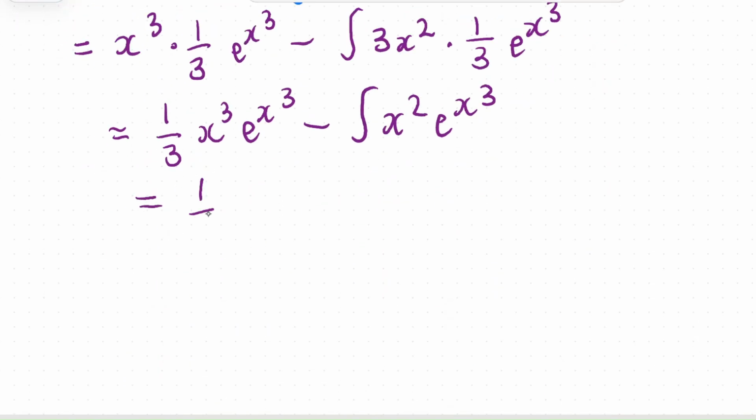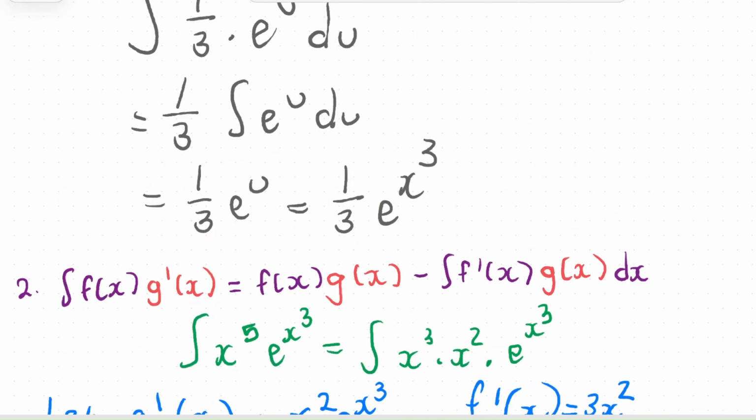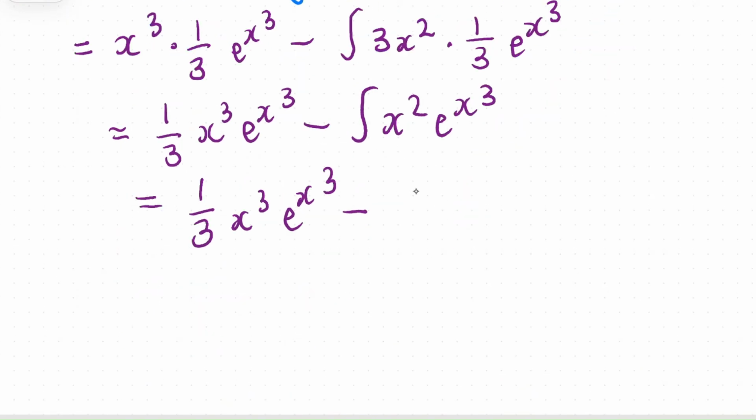It's going to give us 1 over 3 x cubed e to the power of x cubed minus what we just found, which was 1 over 3 e to the power of x cubed. And most important, never forget your c. And that's the final answer.